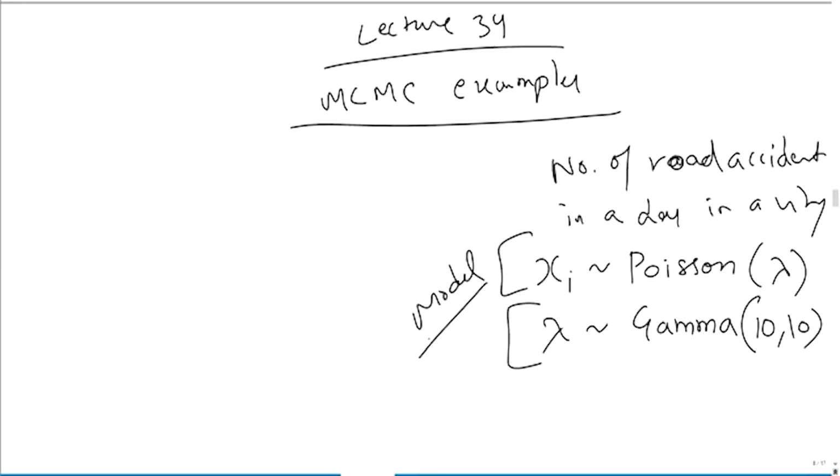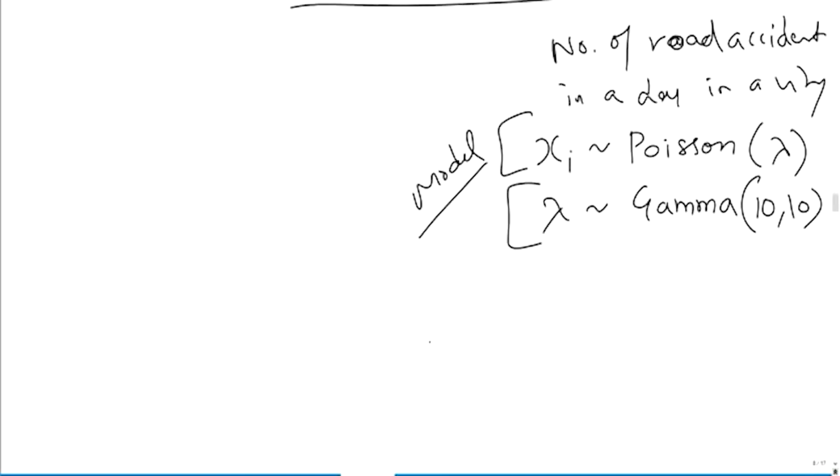Now our goal is to calculate the posterior distribution of lambda given some data. Let's say the data you observe is from 5 days. These are the number of road accidents recorded on the previous 5 days from Kanpur, and the data shows that the road accidents on the previous 5 days were respectively 8, 12, 14, 7 and 9.